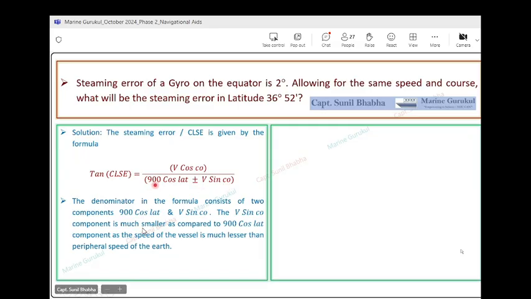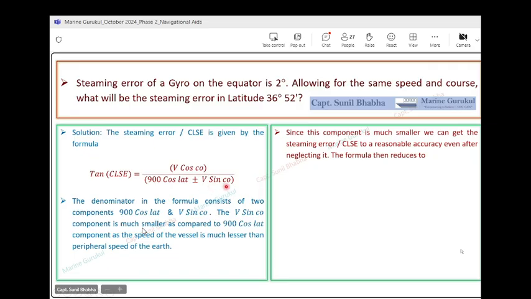So the deciding factor which decides whether a factor will be smaller or greater is the initial value mentioned here. In the first component we have 900, which is the peripheral speed of the Earth, and in the second component we have V, which is the speed of the ship. Since the speed of the vessel is much lesser as compared to 900 knots, the second component is much smaller.